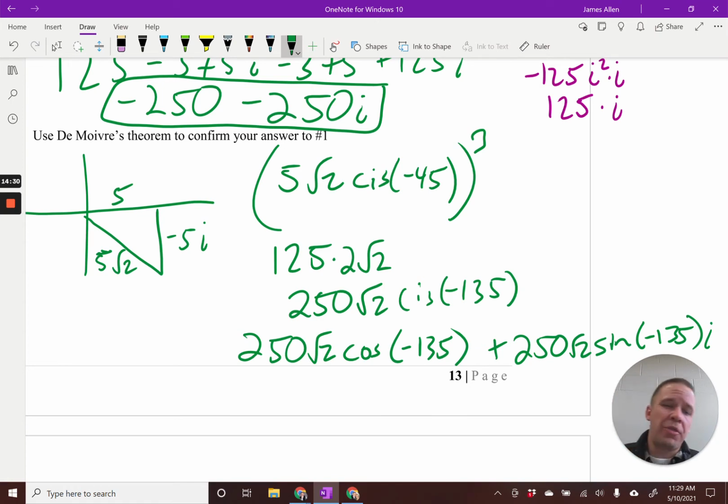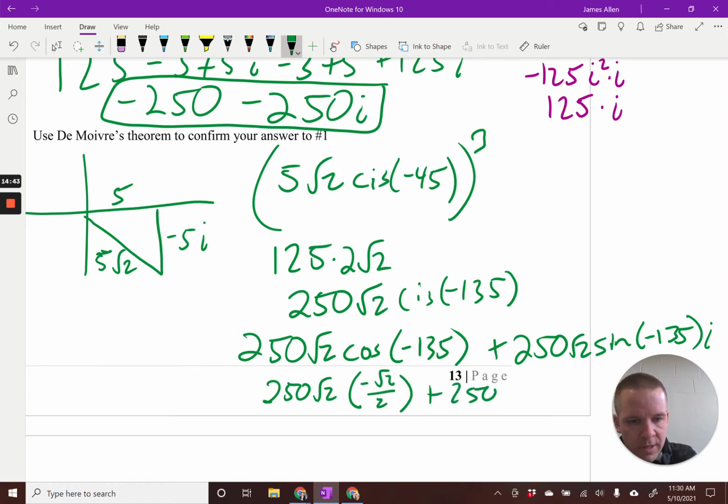So negative 135, that's in the third quadrant. Both cosine and sine are negative there. So I would have 250 root 2 times negative root 2 over 2 plus 250 root 2 times negative root 2 over 2 i.